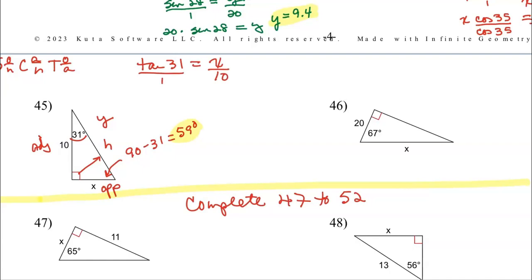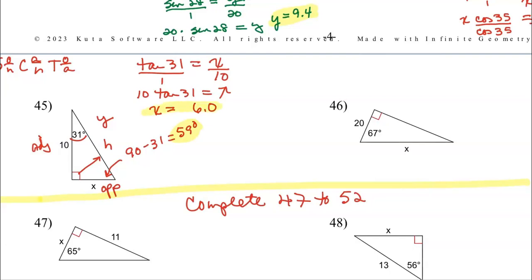Do your cross products, and it's a one-step problem. And if I say 10 times the tan of 31, I'm going to get x equal to 6.0, and that's one of the values I needed.